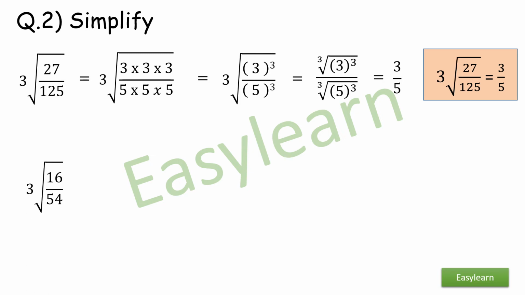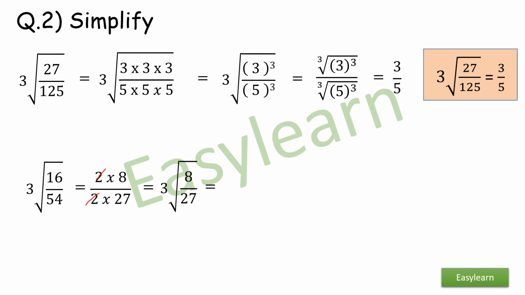Second, cube root of 16 upon 54. Now 16 and 54 are not perfect cube numbers. So we'll first factorize them. The factors for 16 are 2 into 8 and 54 is 2 into 27. 2 and 2 get cancelled. So what is left is 8 upon 27. So we have to find now the cube root of 8 and 27.